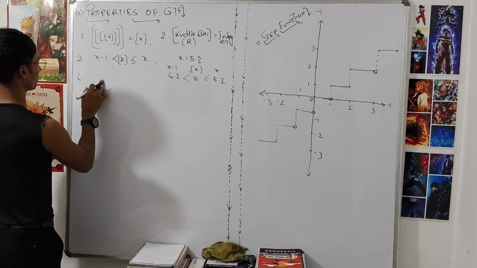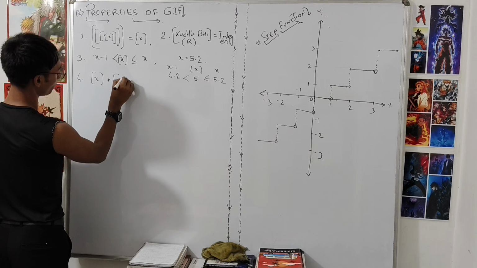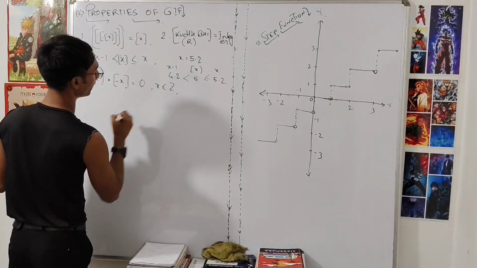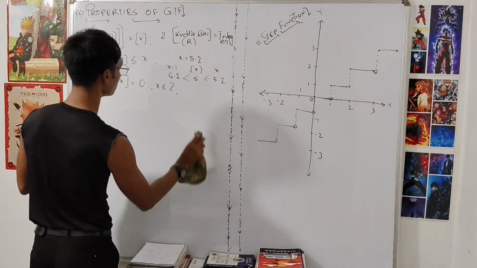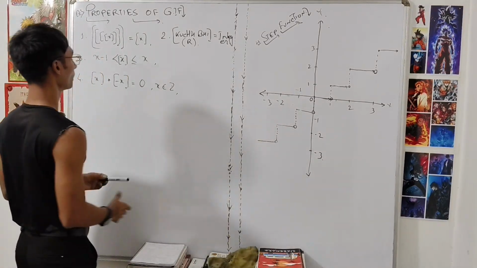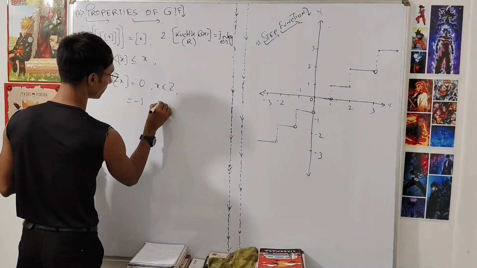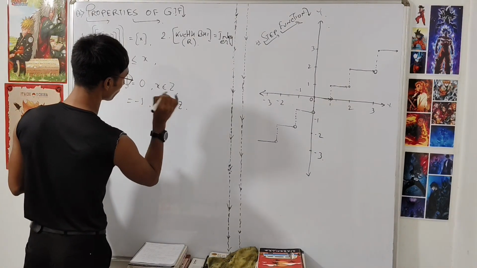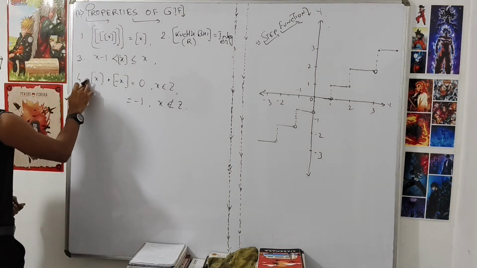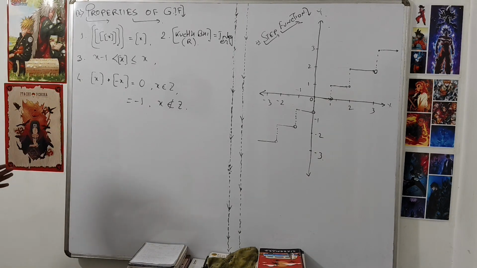Floor x plus floor of minus x is equal to 0 when x belongs to the integers, and the second one is minus 1 when x does not belong to the set. How is that possible? When you are confused, just put in the values.